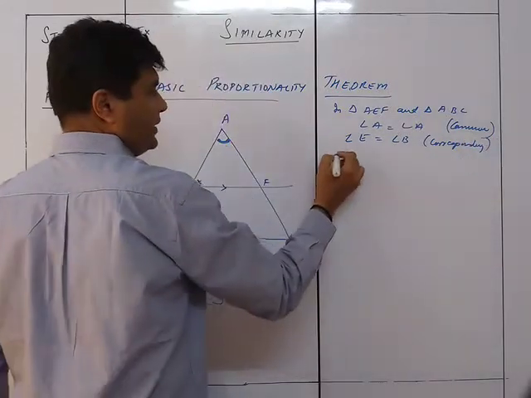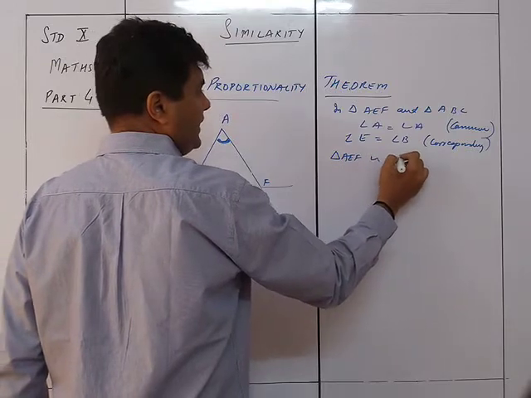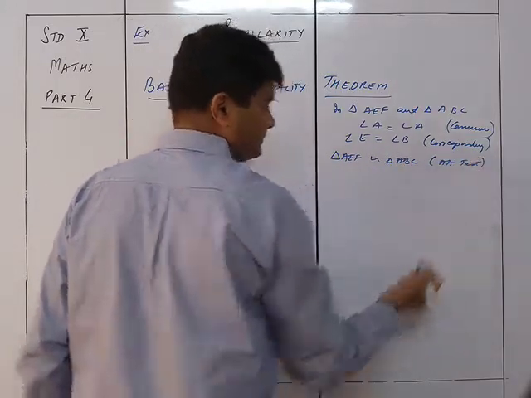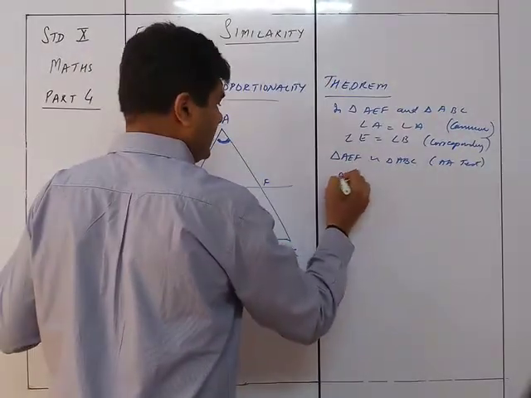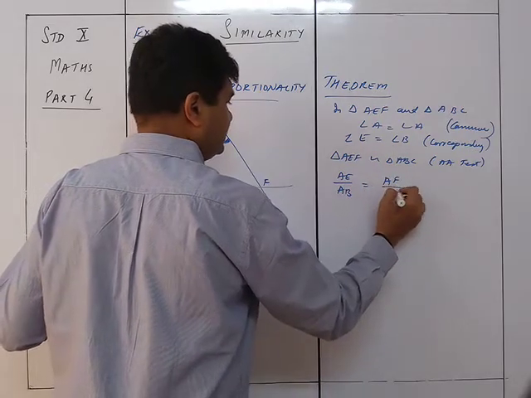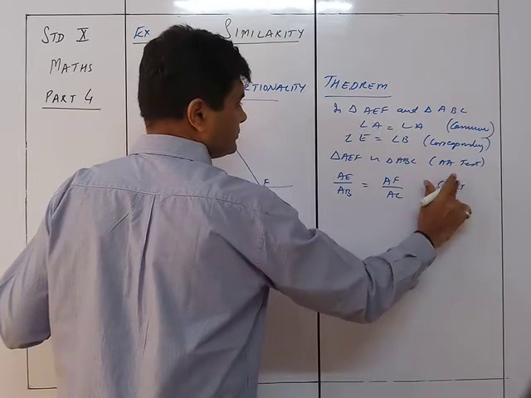Therefore triangle AEF is similar to triangle ABC by the AA test. This is done. Now we take this upon this, so it will be AE upon AB will be equal to AF upon AC, by CPCT, CSST.